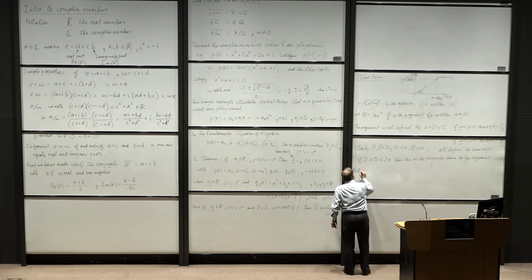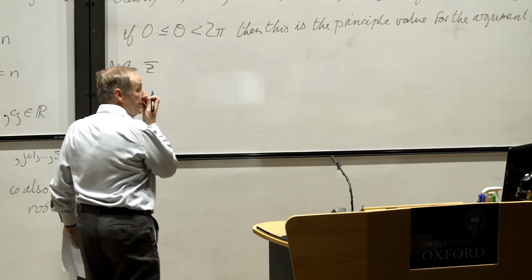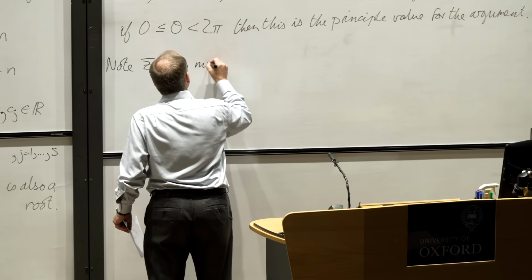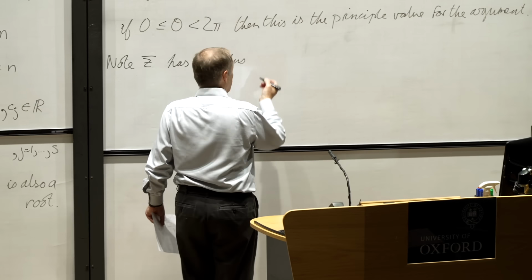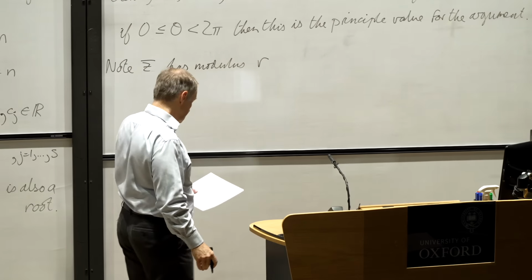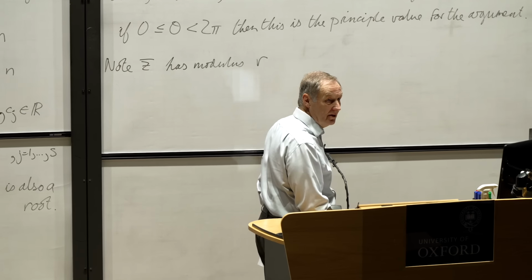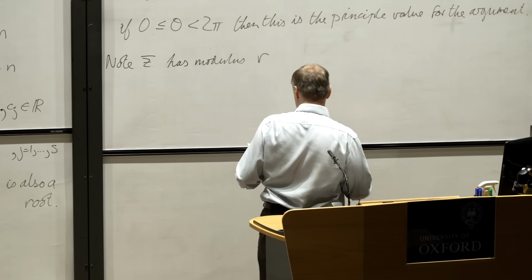Note that z bar, the conjugate of z, has modulus r, right? It's the same as the modulus of z. It's the same distance from the origin. Right?